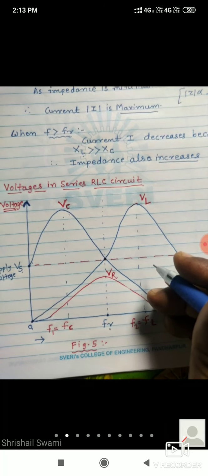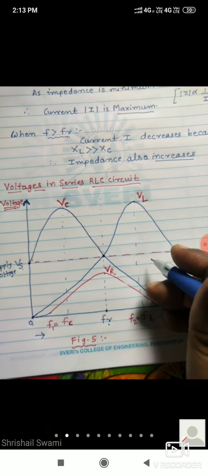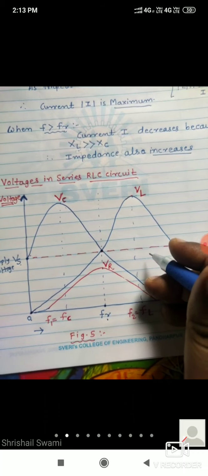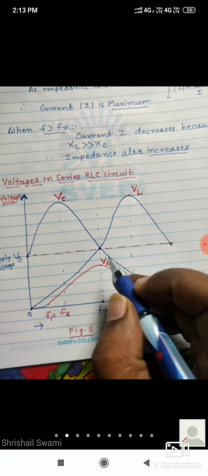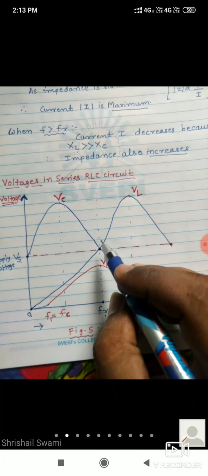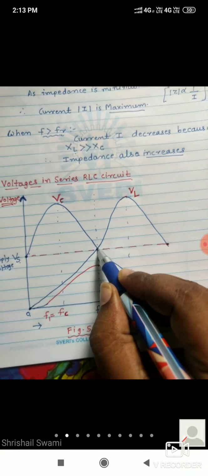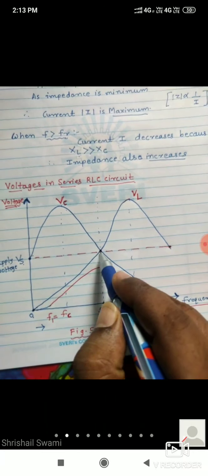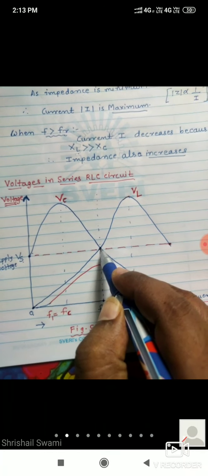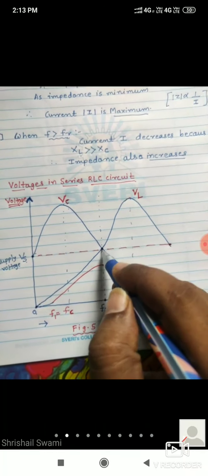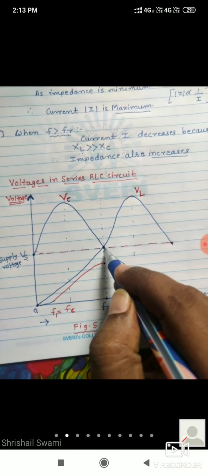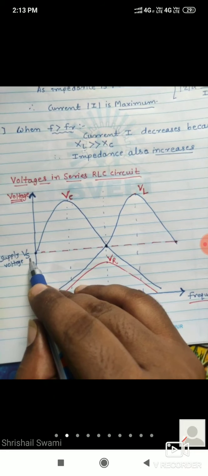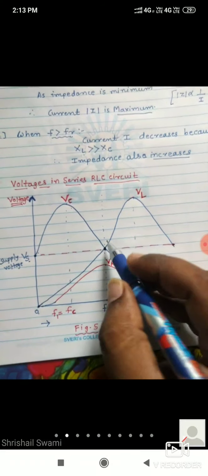The magnitude of voltage across inductor and across capacitor becomes equal, but 180 degrees out of phase. We are talking now about magnitude. So the magnitude of both is the same at this point. The value of VC and VL becomes the same, and at this resonant frequency the value is nothing but Vs.